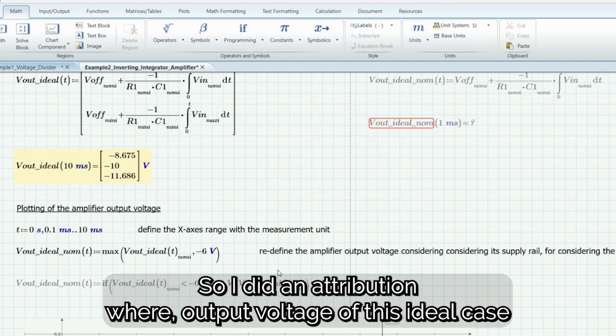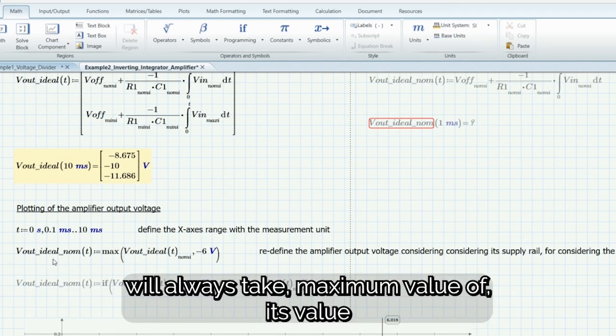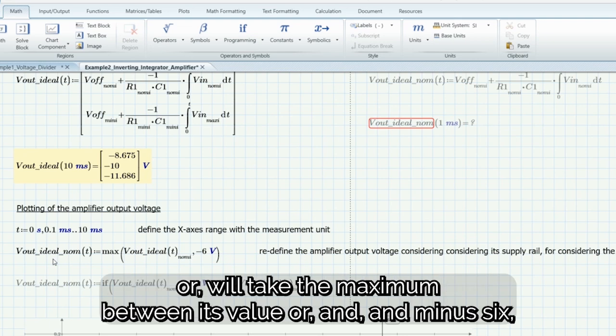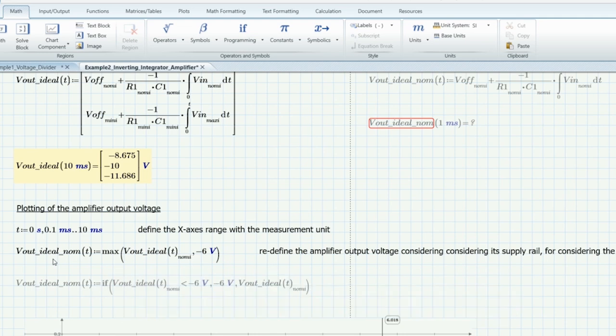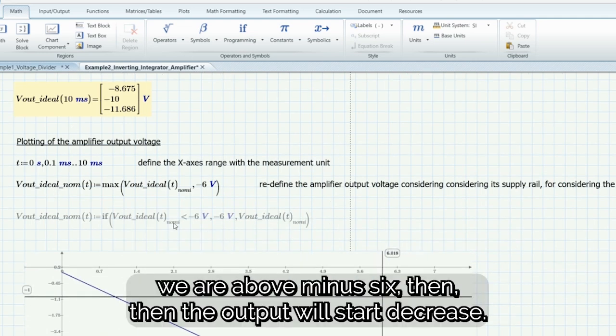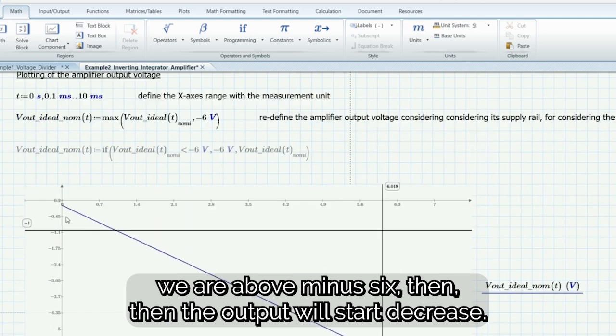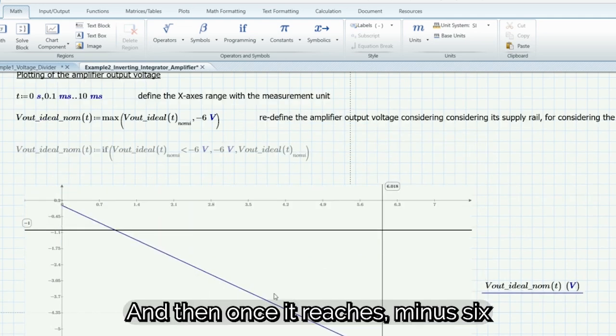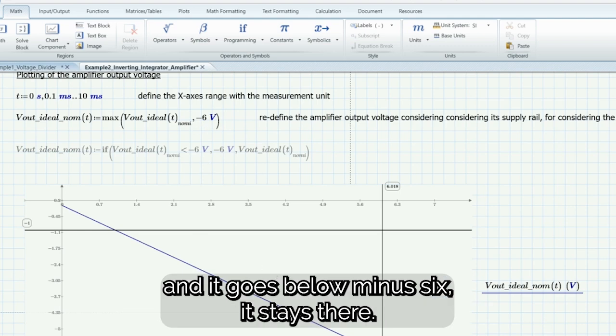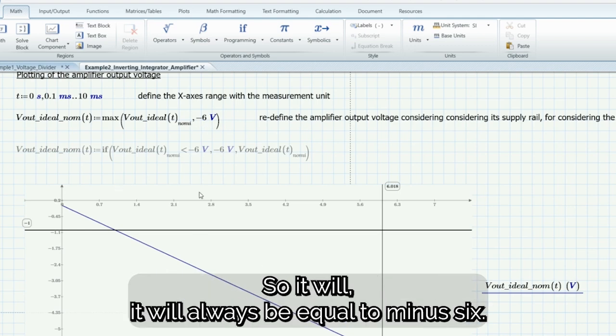I did an assignment where the output voltage of this ideal case will always take the maximum between its value and minus 6. Because we know that if we are above minus 6, then the output will start to decrease, and once it reaches minus 6 and goes below, it stays there. So it will always be equal to minus 6.